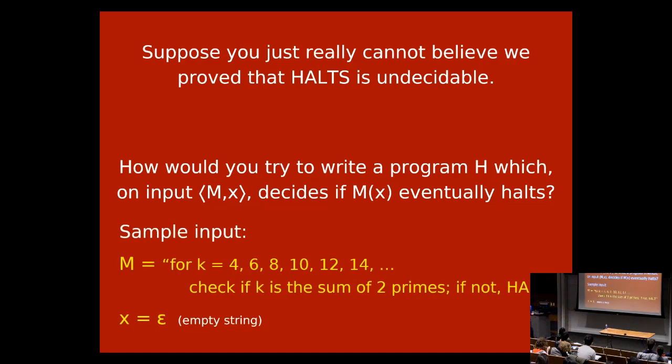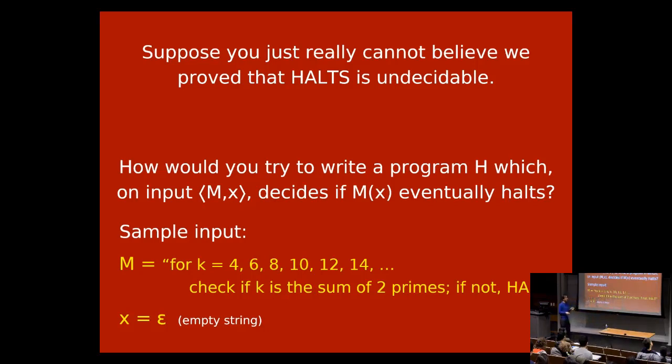Here's an example program that might be tricky for you. I don't want to get into this too much, I put it up a bit for fun. But imagine X is the empty string, and M is this pretty simple piece of code. I didn't write down all the pseudocode, but M goes in a loop. It looks at 4, 6, 8, 10, 12, 14. And for each one, like 10, it goes through all the numbers between 1 and 10 and checks if they're prime and checks if 10 minus that number is also prime.